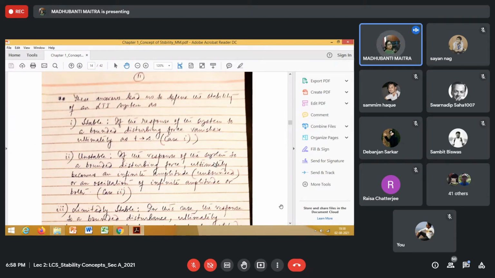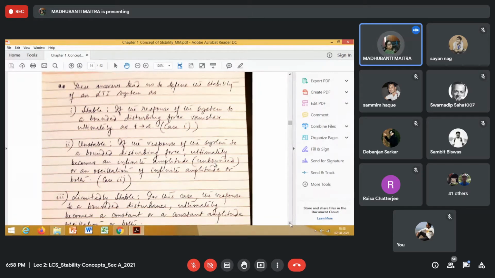So if the system exhibits the dynamic behavior as described in case 1, the system will be classified as a stable system. Now, case 2: if the response of the system to a bounded disturbing force ultimately becomes of infinite amplitude, or unbounded.